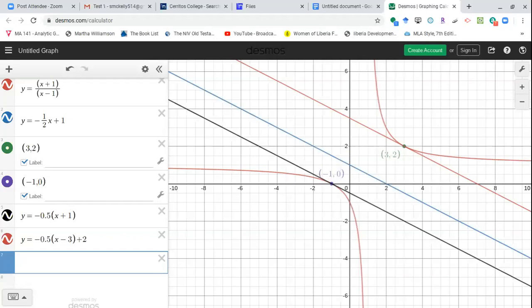There's an infinite number of tangent lines to that graph, and so we need to know which line we're looking for. And there happen to be two tangent lines that fit that because of the way this graph is.